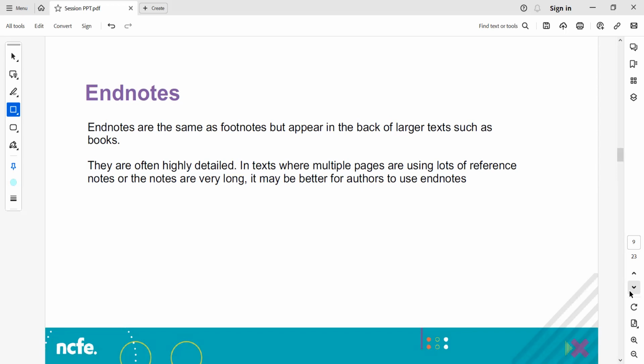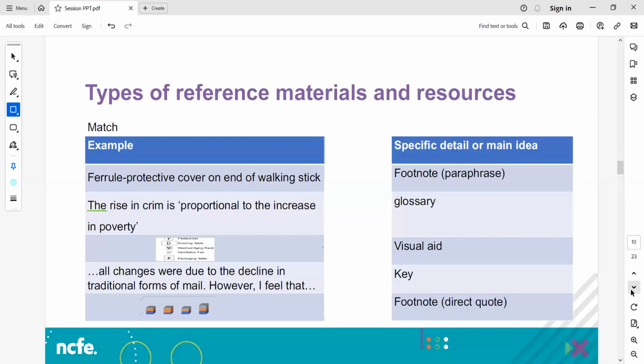So as it says here, they're highly detailed. When multiple pages are using lots of reference notes or the notes are very long, it may be better for authors to use endnotes. But it's the same thing. They're telling you where the reference is from in the text. So same purpose, endnotes and footnotes.